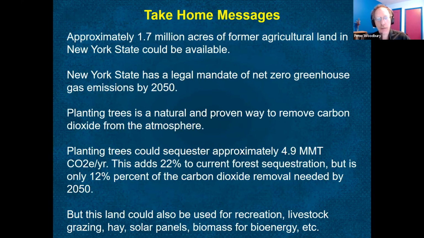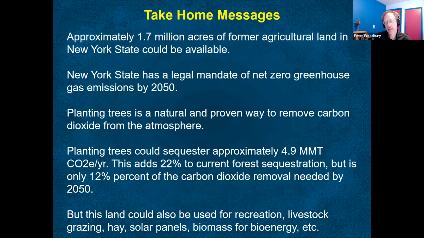Okay, so we're back to the take-home messages, and then I'll just have a few slides of some follow-up information. So as we've talked about, we've estimated about 1.7 million acres of former agricultural land could be available for multiple purposes.